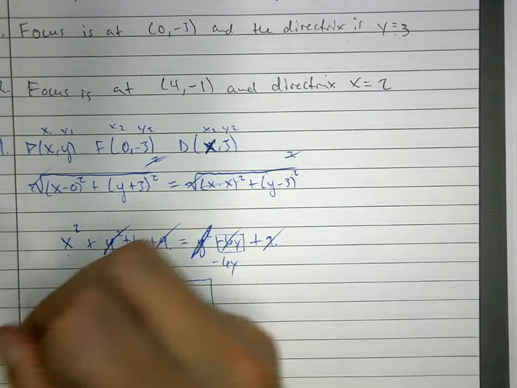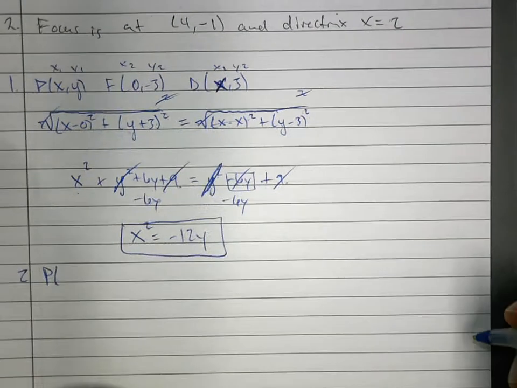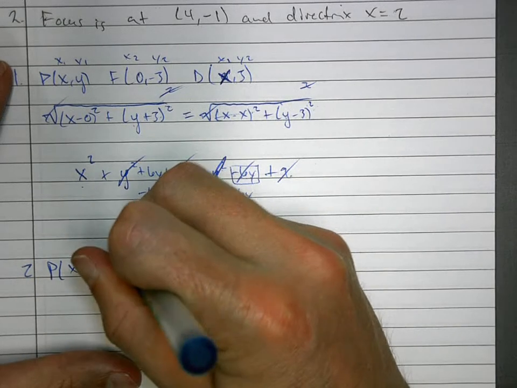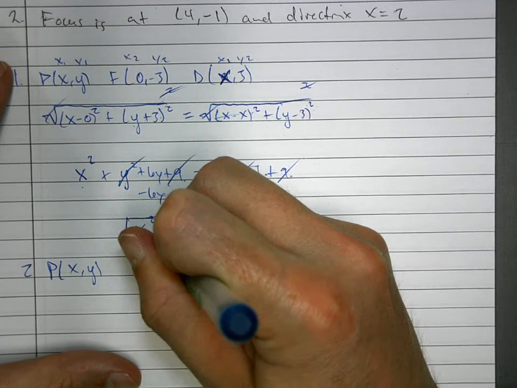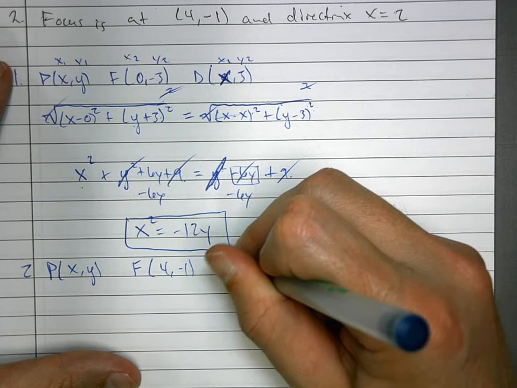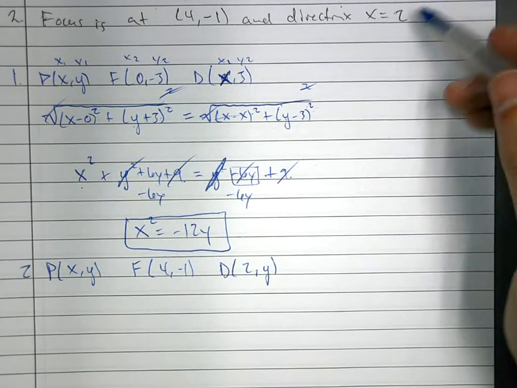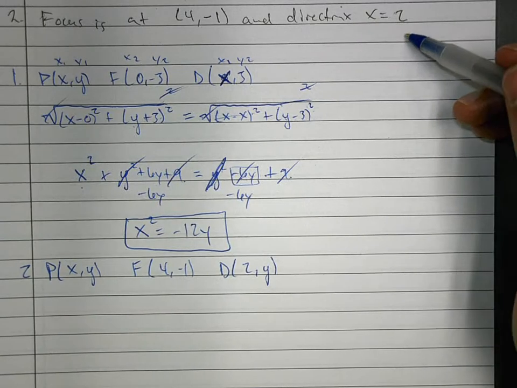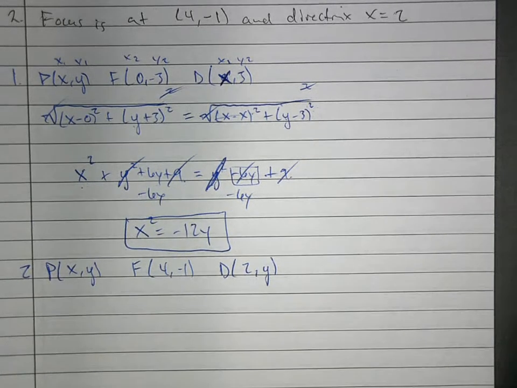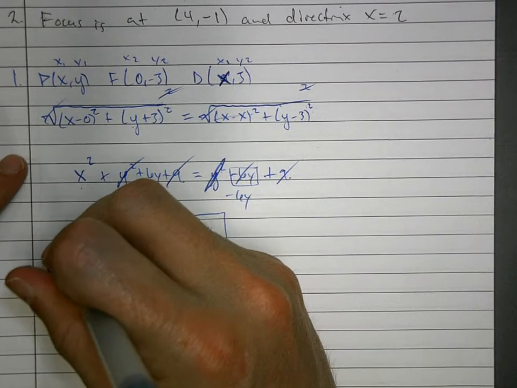For number 2, same steps. (x, y) for our point. Our focus is (4, -1), and D is at (2, y). Again, they give us the x value for the directrix. They do not give us y, so that's why you put it here. And we do the distance formula again.